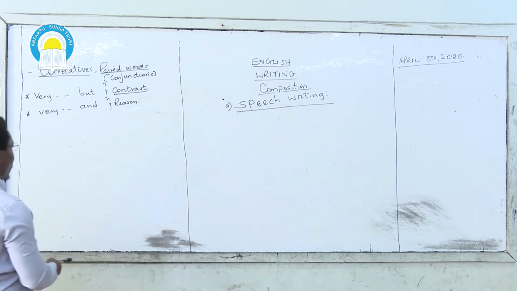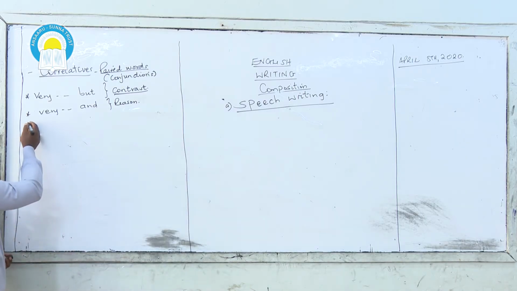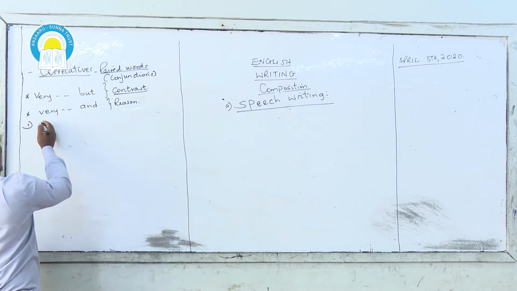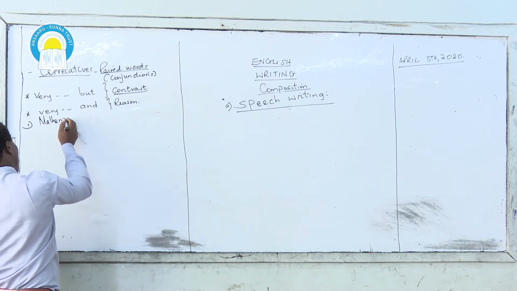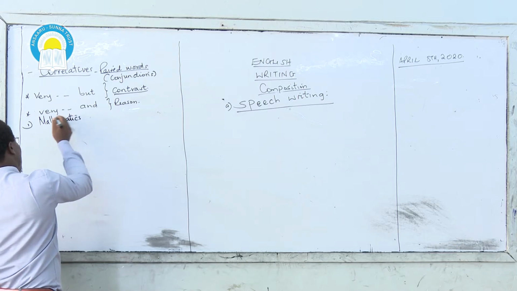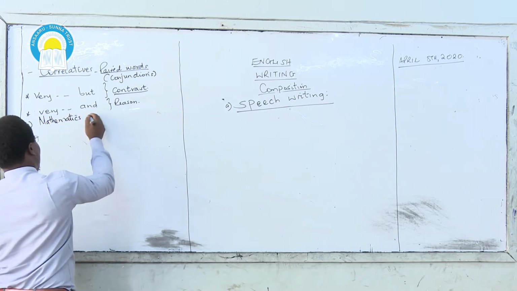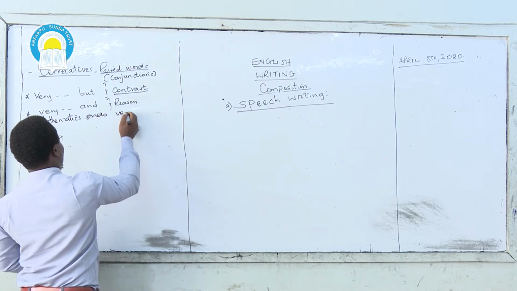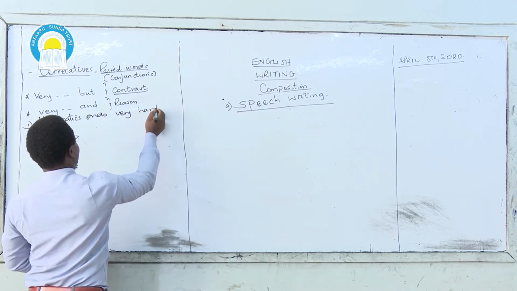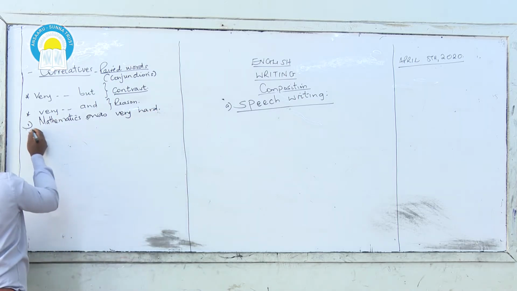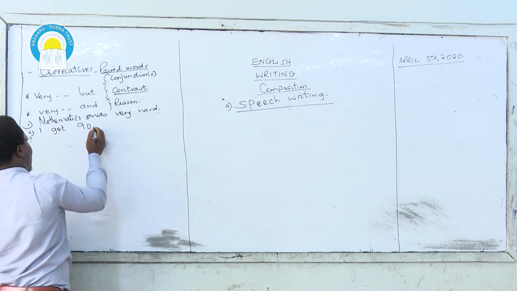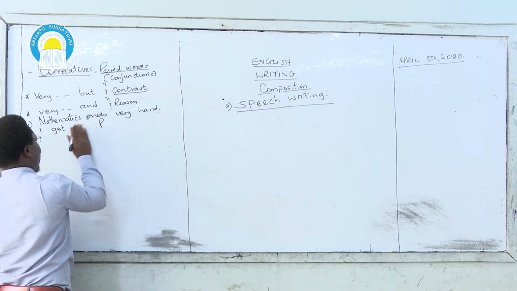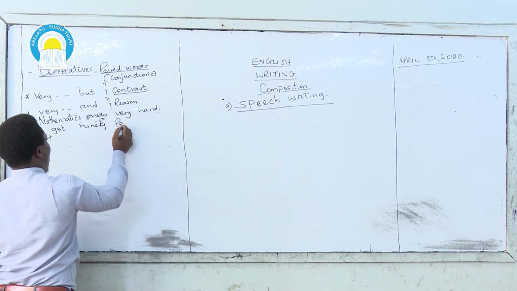Then, if you consider the two sentences, for example, mathematics exam, or mathematics was very hard. Till I got 90%, or in words that is 90%.